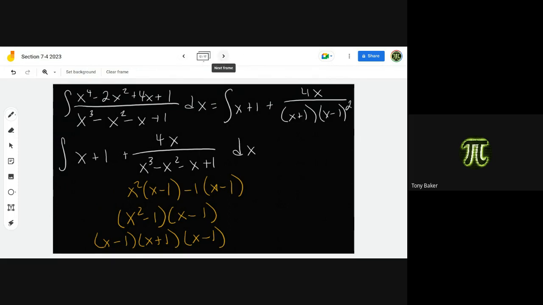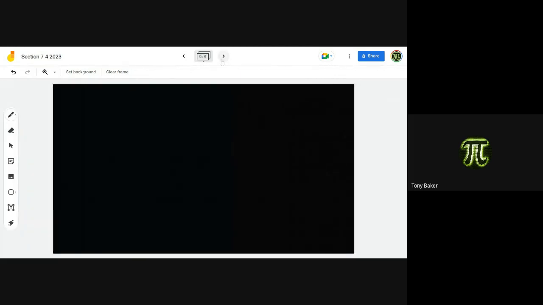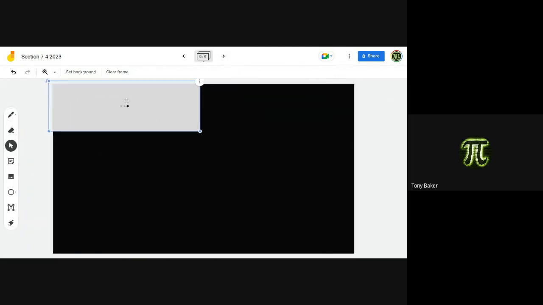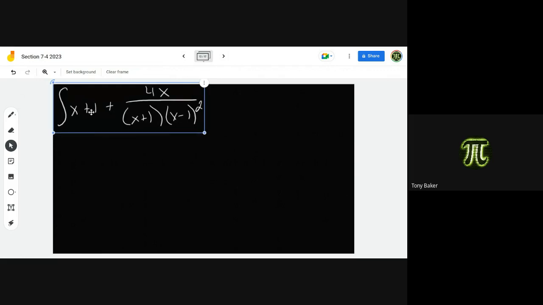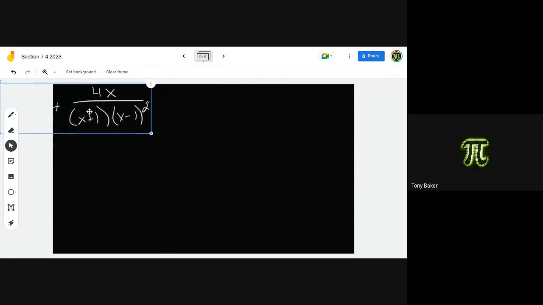We're not going to worry about the x plus 1 for right now. We're literally just looking at this part, because the x plus 1 we can deal with. That's just an integral piece. This is the part we have to actually split up.